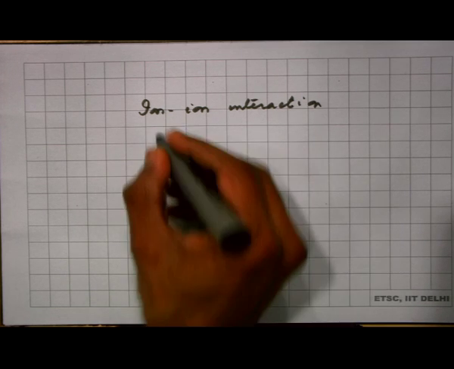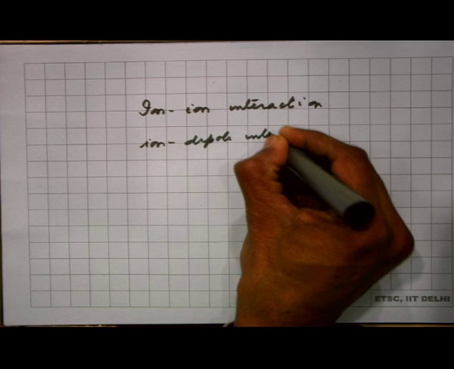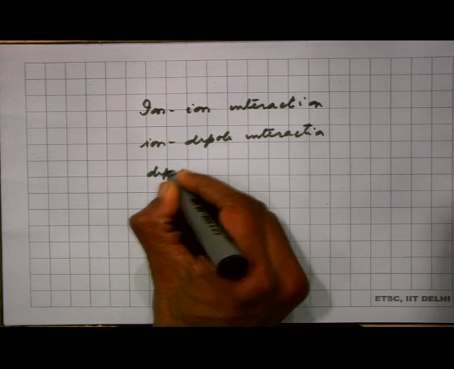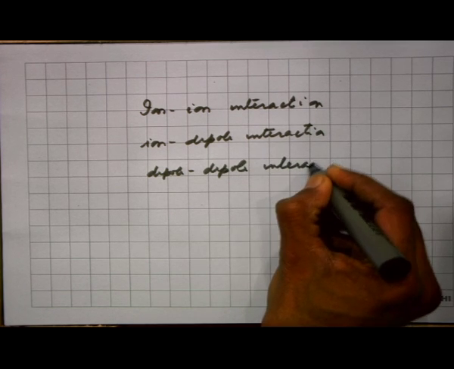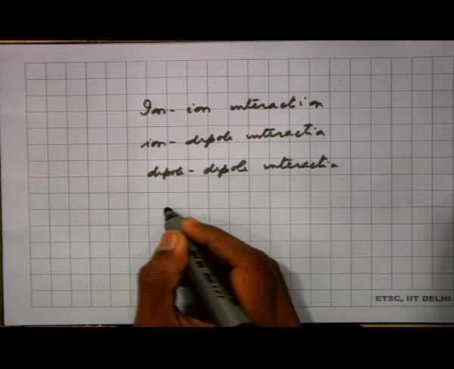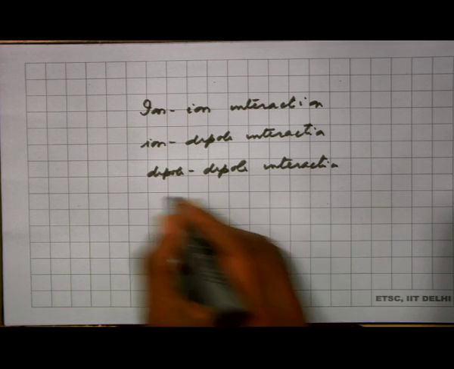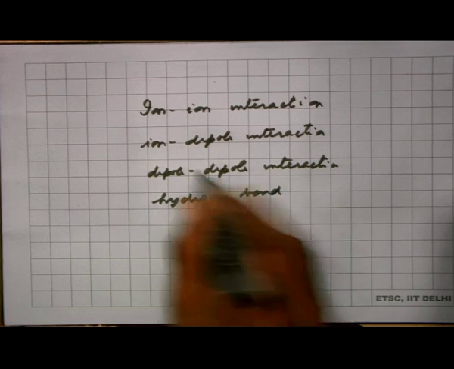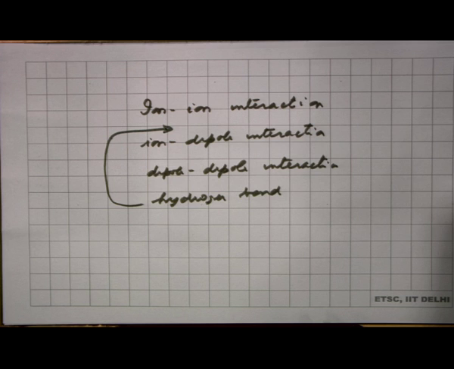So, you have ion-ion interaction, ion dipole interaction, dipole-dipole, and this is where we also have the hydrogen bond, which is stronger than the ion dipole. So, you write it this way and you stick it in here. So, the strength of the interaction goes like this.